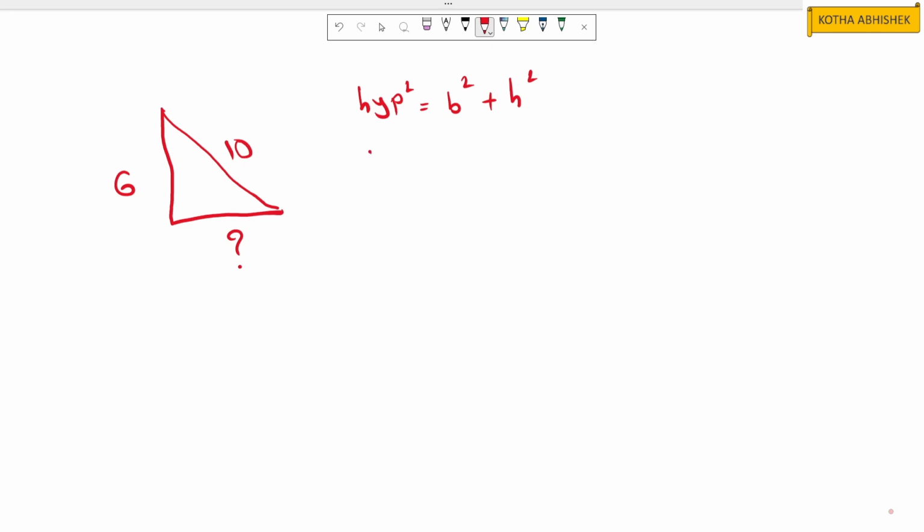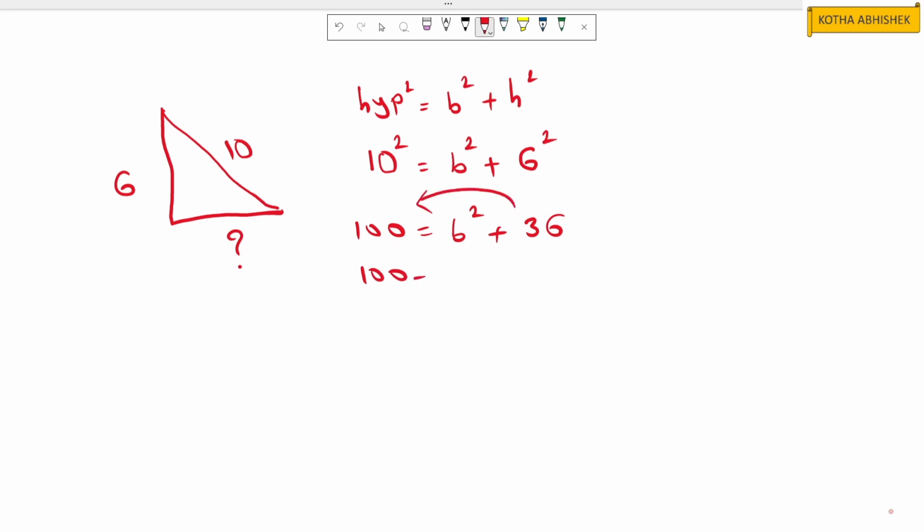Here the hypotenuse is given, so write 10 square equals base square, which we need to find, plus height 6 square. 10 square is 100, which equals base square plus 6 square. 6 sixes are 36. If I take the 36 to the left side, it becomes minus 36. So 100 minus 36 is 64, which equals b square.